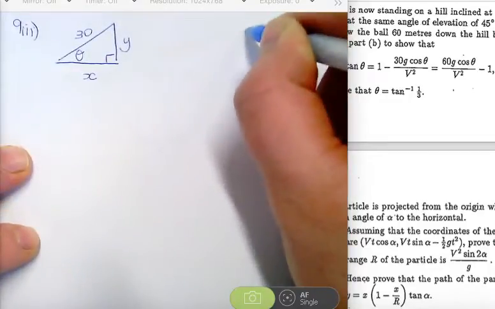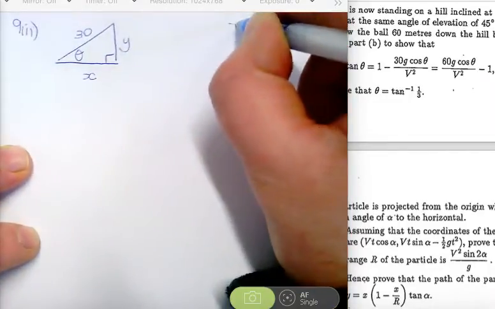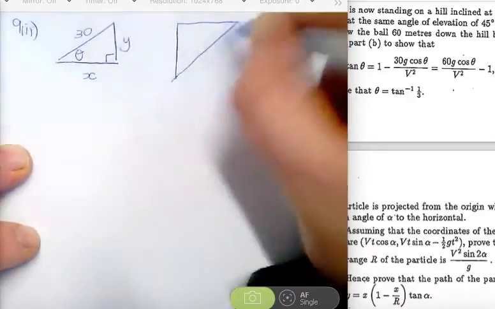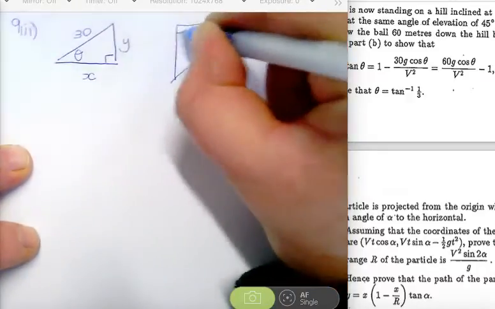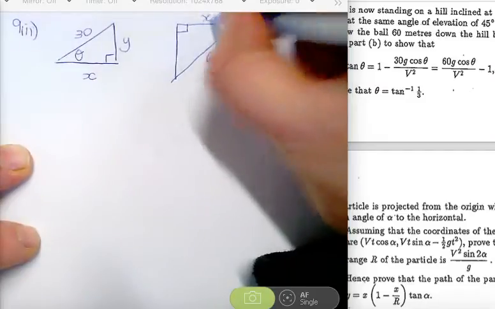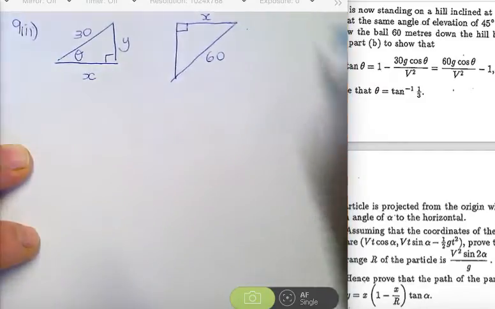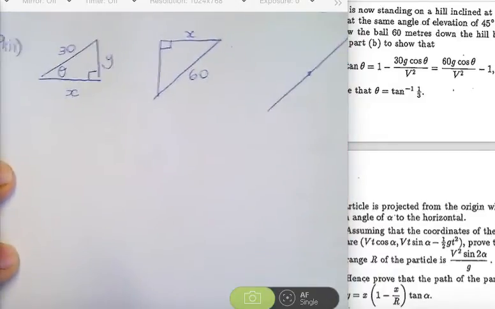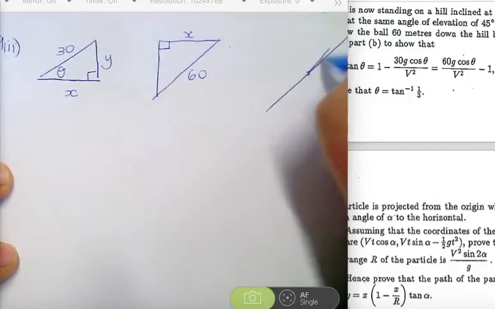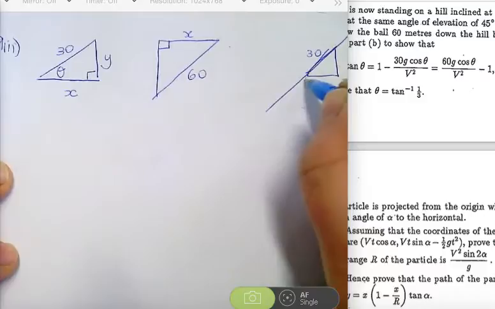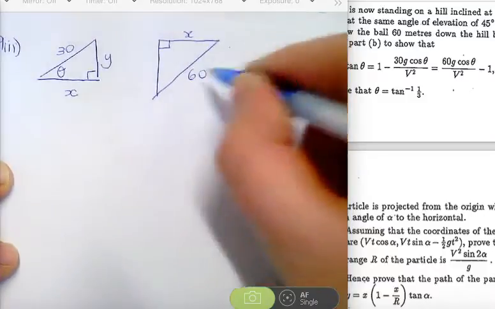We also have the other one where he's throwing the ball down the hill. See how he's throwing it down here? That's 60. And because he's throwing it, the ball ends up down. Here's the hill. Wait, girls, watch. It doesn't matter. He goes up 30. Look, up 30. Can go like that. I could do it like this. It doesn't matter.